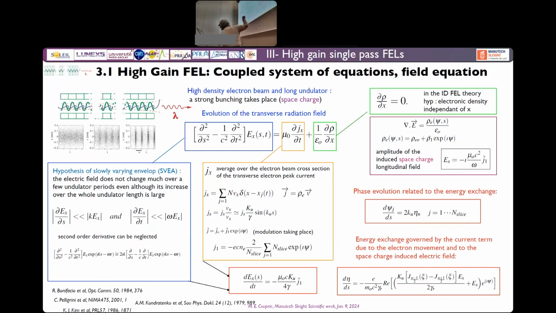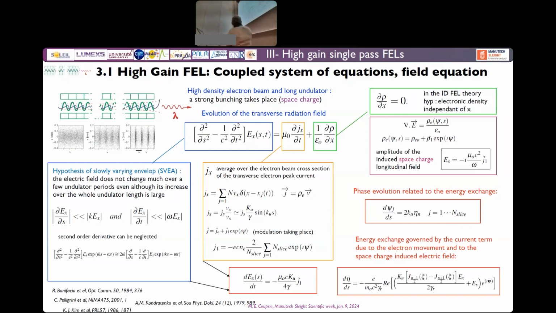And then we look at the source term. So the source term is a current which is given by the electron beam, which is traveling in the undulator. So we have this source term which depends on the longitudinal movement of the electron. Then we can have also the density and space charge term.